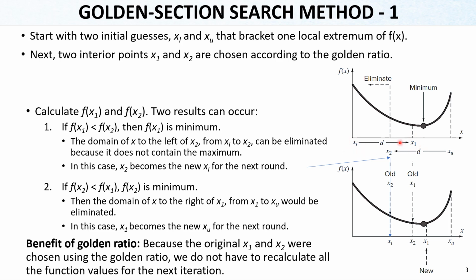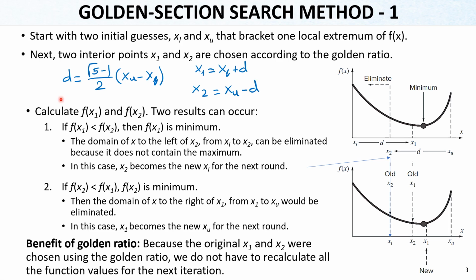The difference between xl and x1, d, will be defined as d equivalent to the golden ratio, root 5 minus 1 divided by 2, times the difference between xu and xl, the lower bound. And from here, we simply obtain a d value from this formulation, and we will use this d to get x1 and x2. x1 will be x lower plus d, and x2 will be x upper minus d.